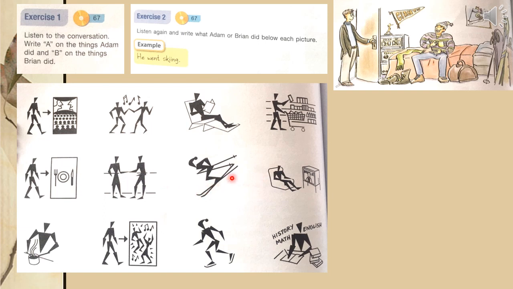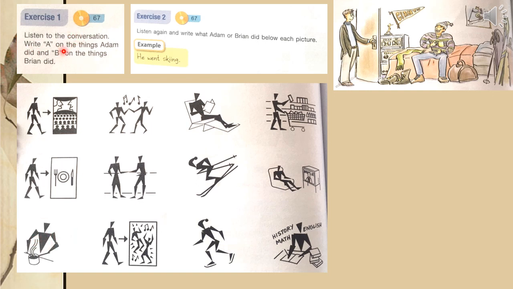This one is skiing. What about this? This is watching TV. How about this one? This is doing homework. A lot of homework. This one is ice skating. This one going to disco, right? And this one is what? Cooking dinner or cooking food.